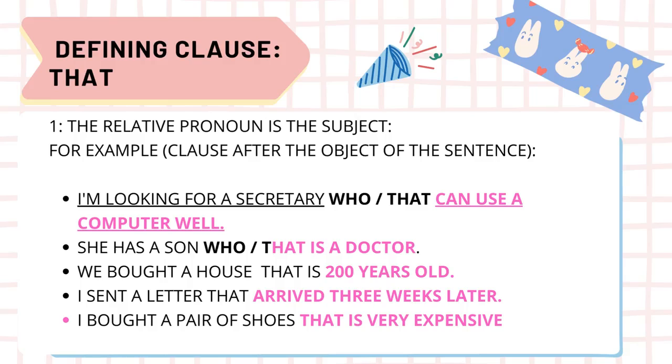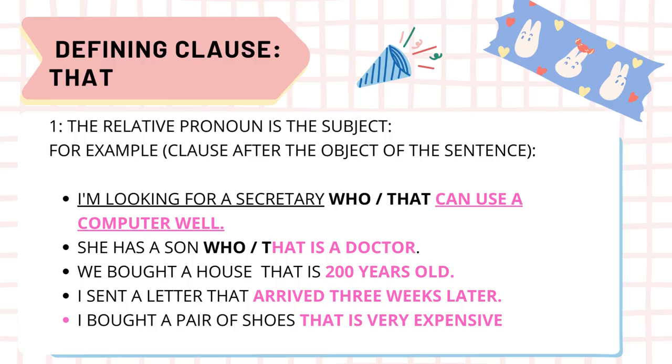So in order for the whole sentence to make sense, I need to use a relative clause to combine them together. If I use a coordinating conjunction like and, I'm looking for a secretary and she can use the computer well, it still makes sense, but it is not that accurate and not that fluent.